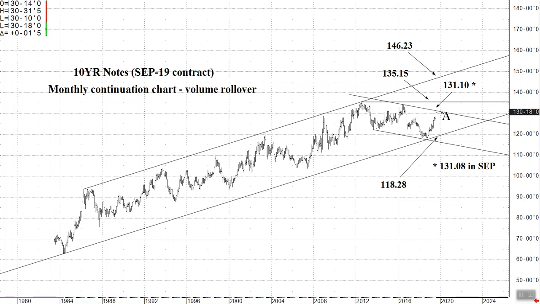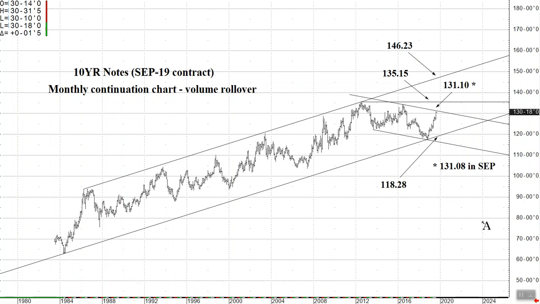Anyway, let's talk downside. I showed you a moment ago a former channel structure in the 122 handle. We've also got this other channel structure that goes way back in time at 118.28, all the way back to the origins of this contract in the early 80s.